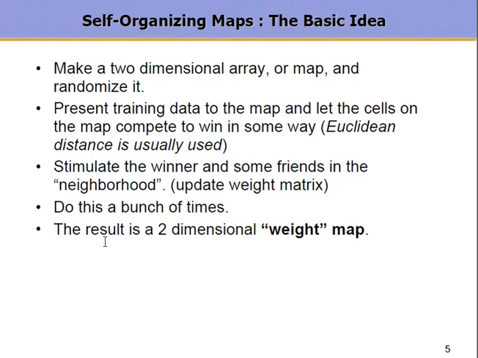So we create a competition between the neurons present on that map or grid, and we see which neurons are winning among the other neurons. The most common way to judge this is by using Euclidean distance, which we have already seen before.